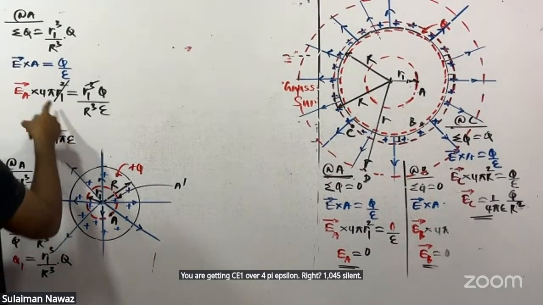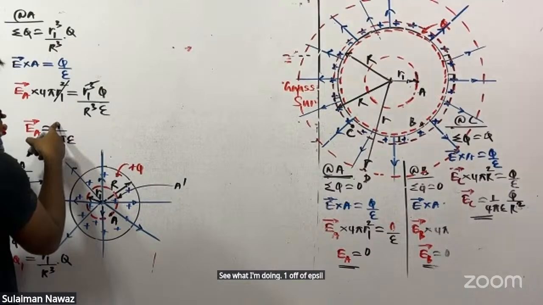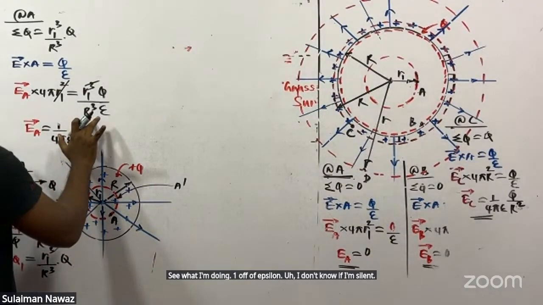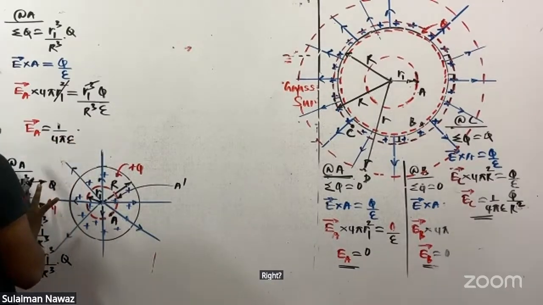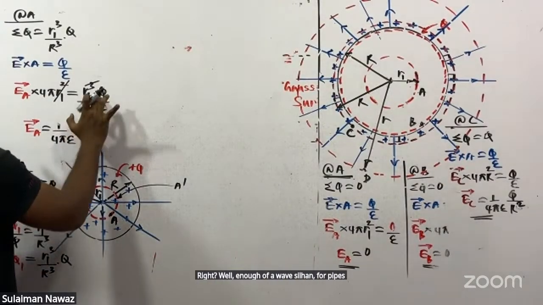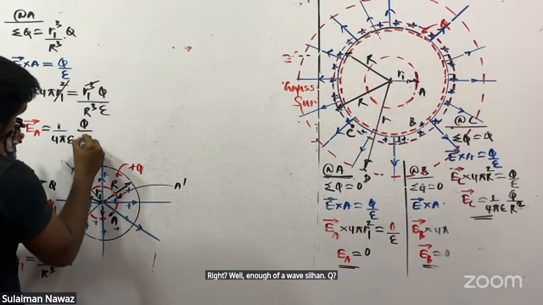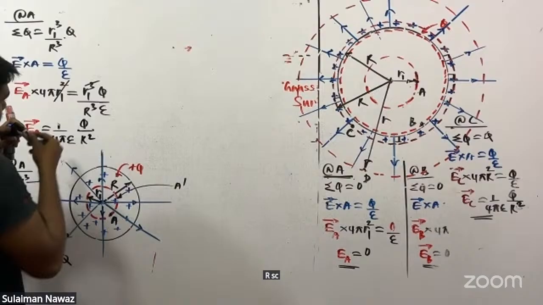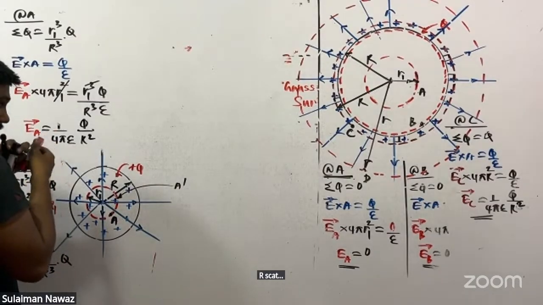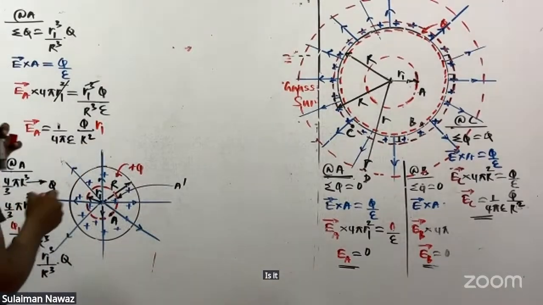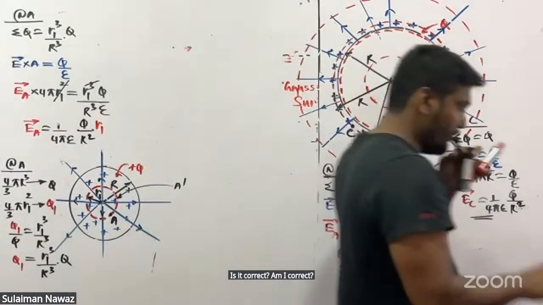1 over 4 pi epsilon, Q over R cube times R1. Is it correct? Am I correct? You guys cross check.